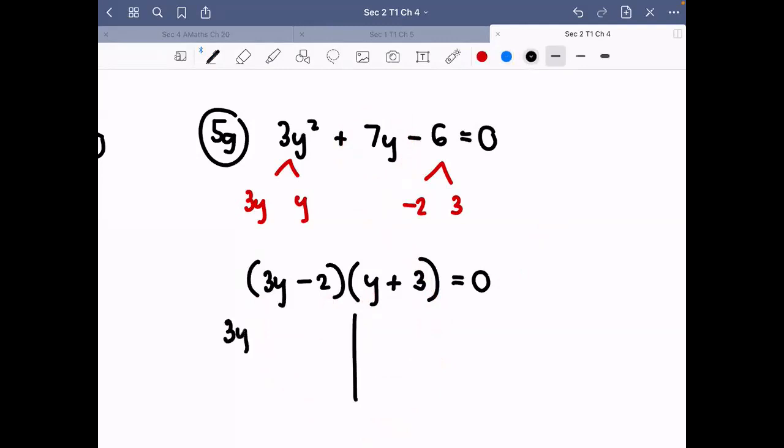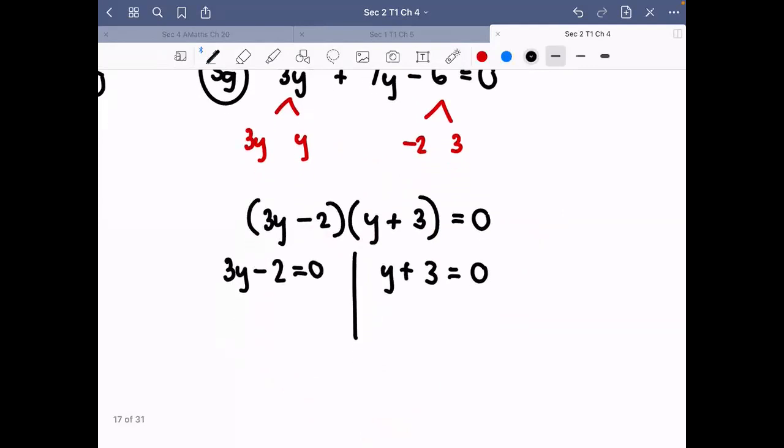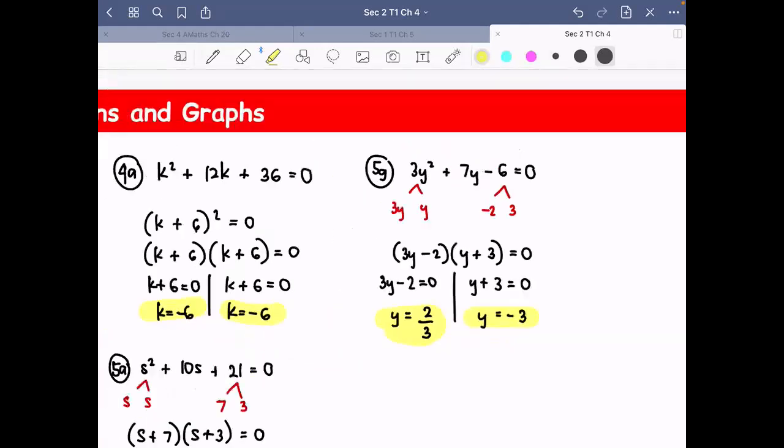So we equate them each to 0. So 3y minus 2 equals 0, and then y plus 3 equals 0. So our y here is equal to 2 over 3, and then our y here is negative 3. So that's it. So your answers for 5g are 2/3 and negative 3.